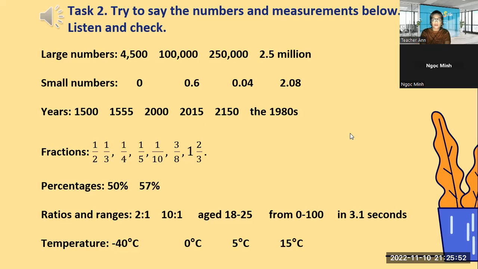From 0 to 100 in 3.1 seconds. Temperature. Minus 40 degrees Celsius. 0 degrees Celsius. 5 degrees Celsius. 15 degrees Celsius.